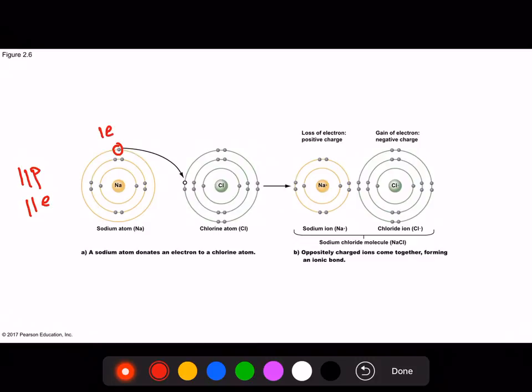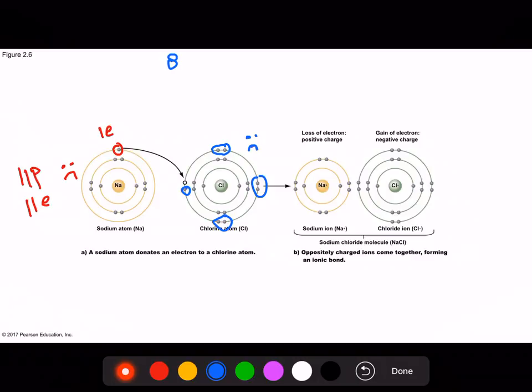So since its outermost shell is not full, doesn't have 8, sodium is not happy. Let's see chloride. Chloride in its outermost shell has 2, 4, 6, and 7. For both of them to be happy, they should have 8 electrons. Now chloride also is not happy.